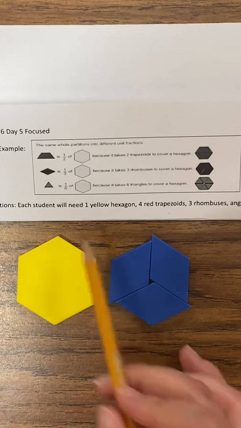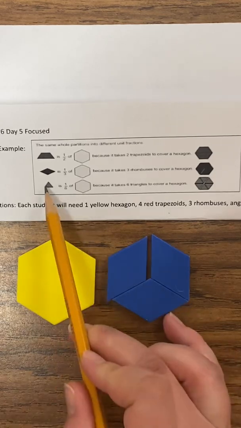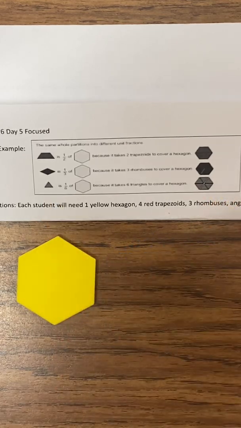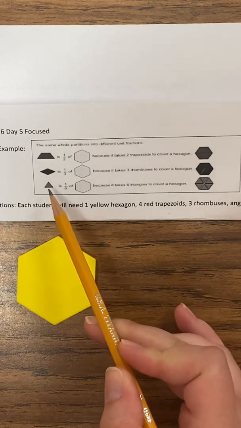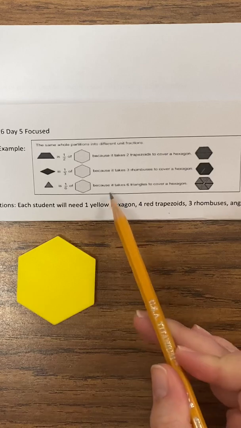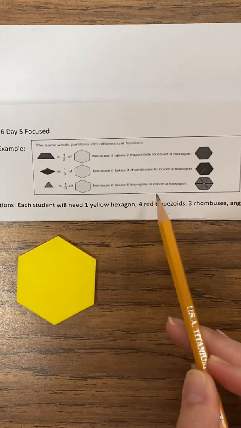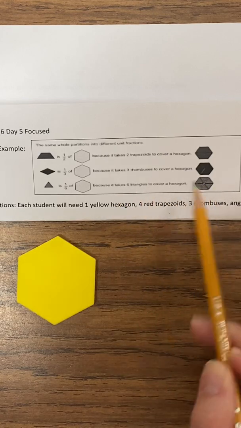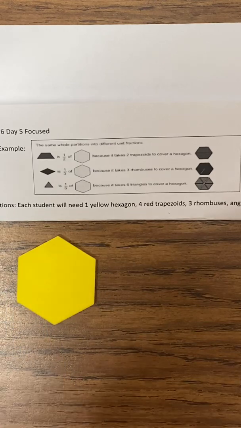All right, last one right here. Triangle. A triangle is 1/6 of a hexagon because it takes 6 triangles to cover a hexagon. So it takes 6 triangles to make one whole.